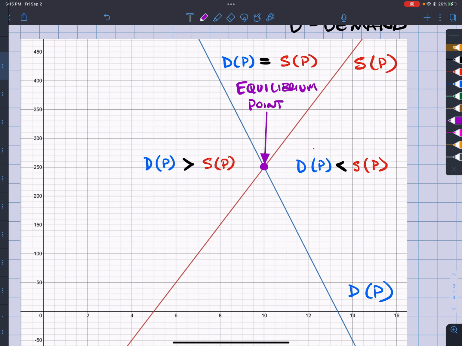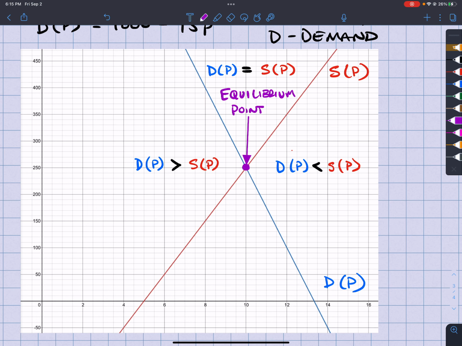So here we can say that the demand is greater than the supply along the intervals of, well, let me see, how do I want to throw this at you? Because I don't know if the demand is ever going to be negative or the supply is going to ever be negative, because that means it's before production, right?